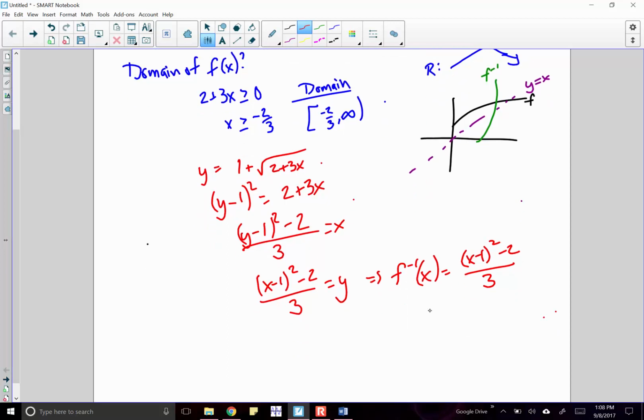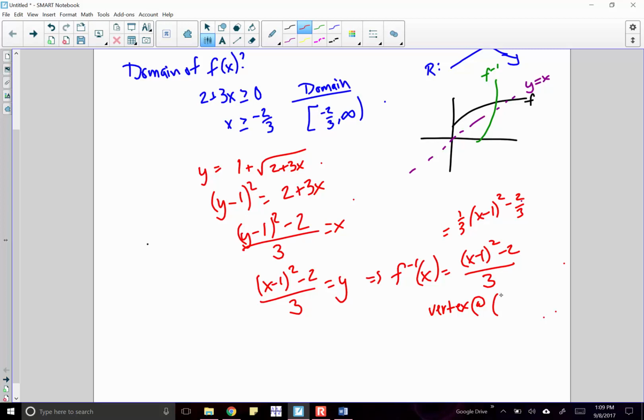I just want to make a note of where the vertex is. Is the vertex so easily discernible? I don't know. I'm going to rewrite this in a different form, applying the 1/3 to each piece: 1/3 (x minus 1) squared minus 2/3. Now this is easier for me to work with.